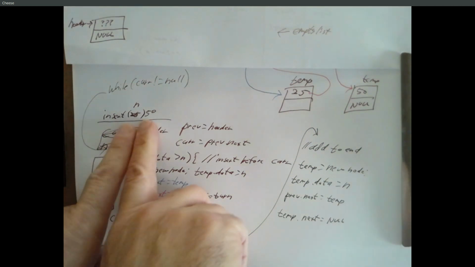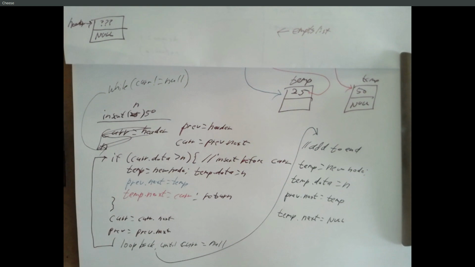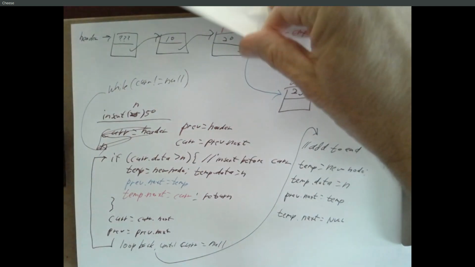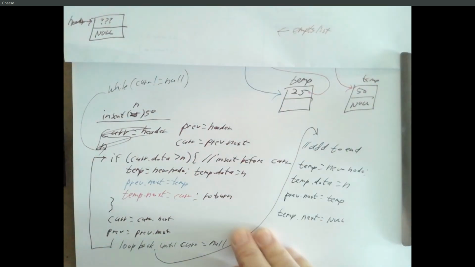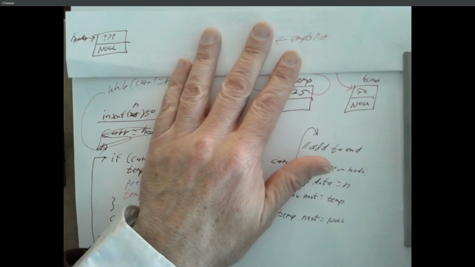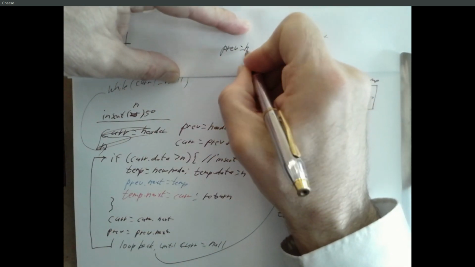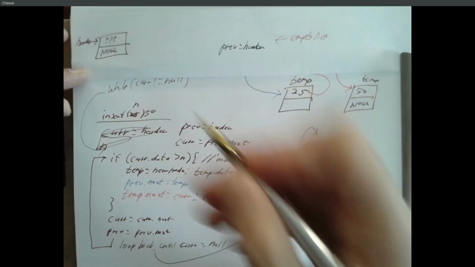And let's go ahead and insert a 50 into our empty list. So we're going to set previous equal to header, which for us is index 0.